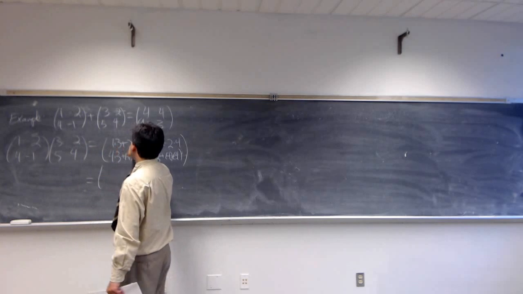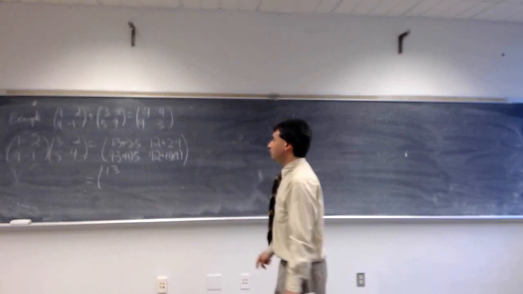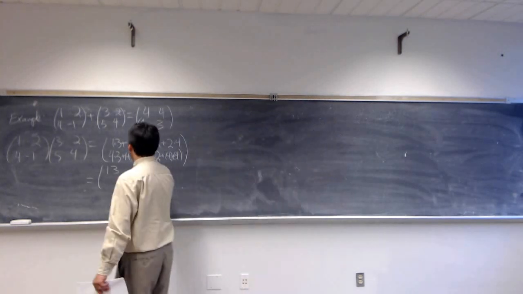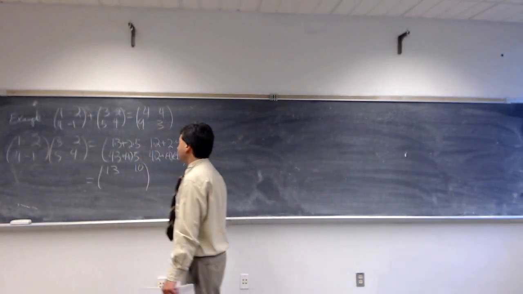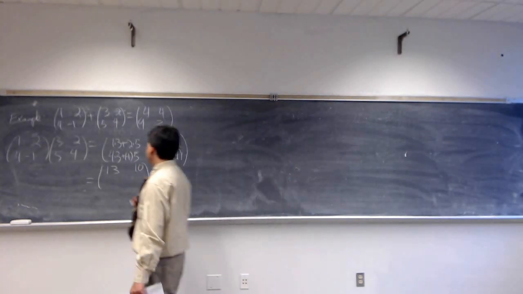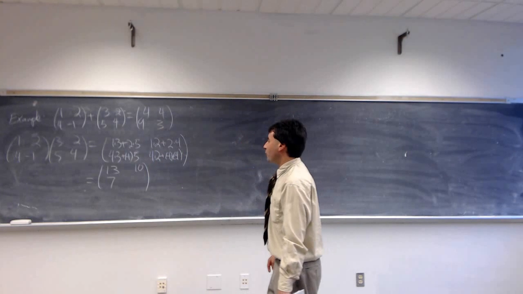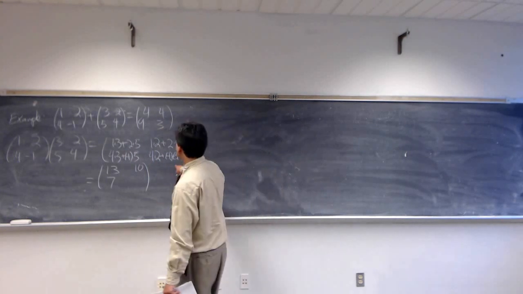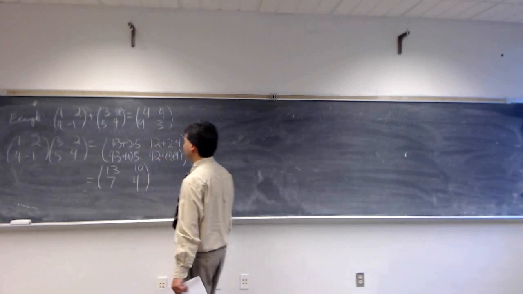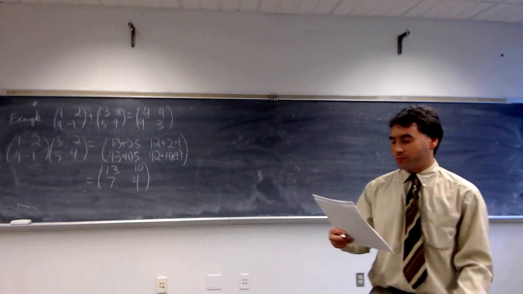And so this would be 3 and 10, so that's 13. And that would be 2 and 8, which is 10. And then 12 minus 5 gives us 7. And 8 minus 4 gives us 4. So that's how you multiply matrices.